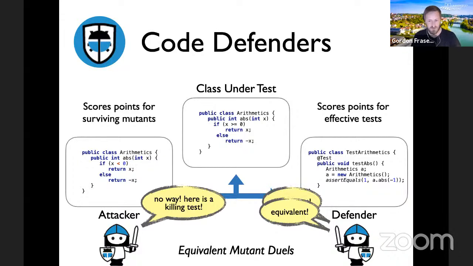So in such an equivalence duel, points are at stake, and if the attacker has to confess, well, actually, this is really an equivalent mutant that I produced here, they lose points.